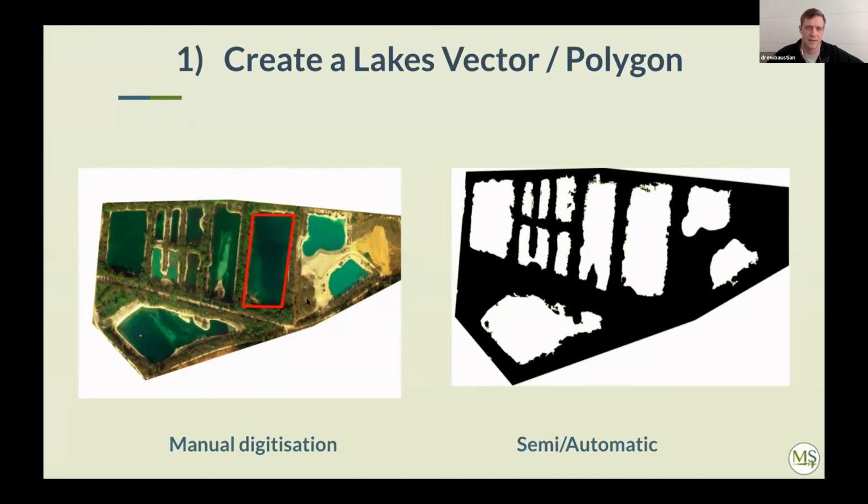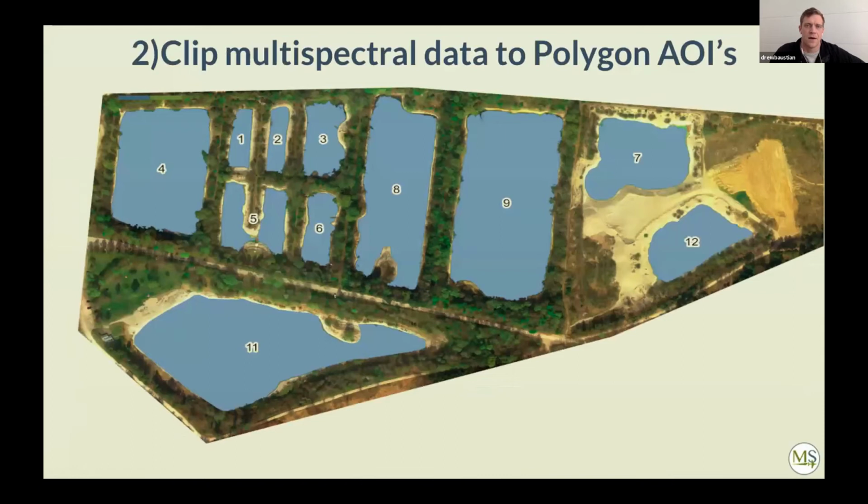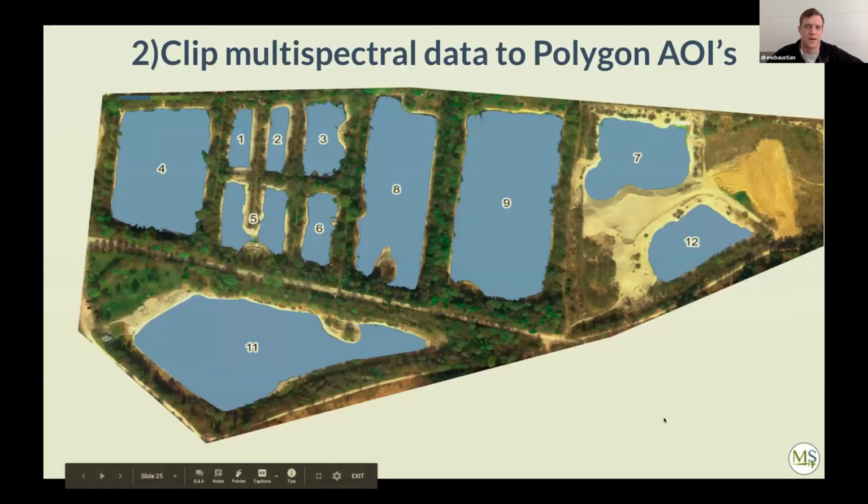We isolated the water, because we didn't want to classify the whole image. We just wanted to classify the sections with water in them. Then we clipped the multispectral data to these polygons representing the lakes, and then we numbered them, just 1 through 12.